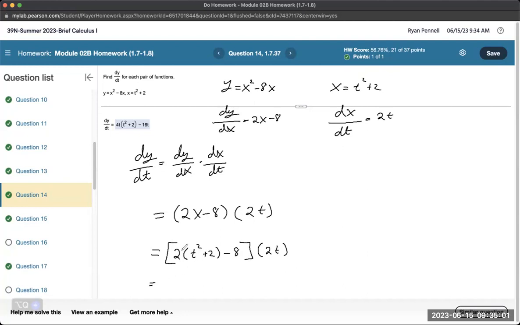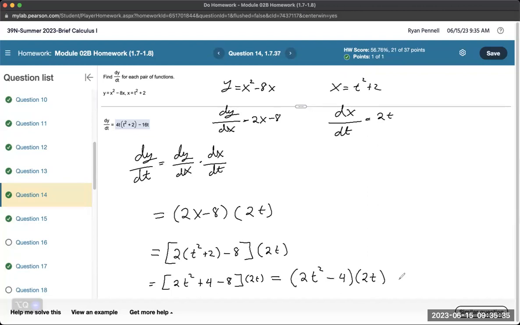If we like, we can bring this in: 2t squared plus 4 minus 8, times 2t. 4 minus 8 is just 4... so we have 2t squared minus 4, times 2t.